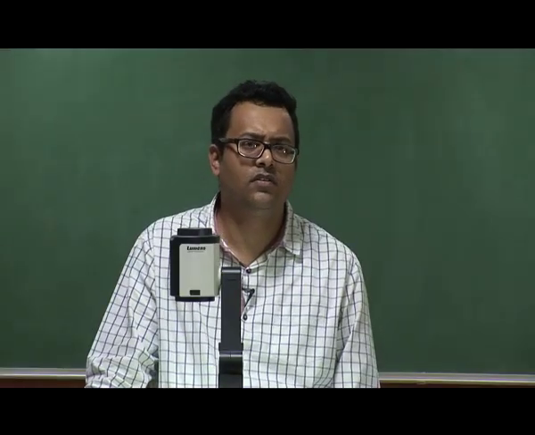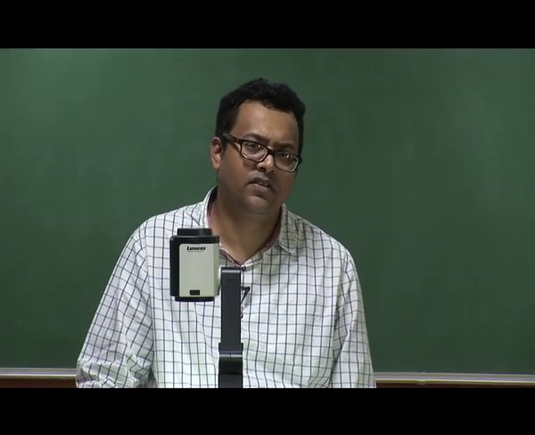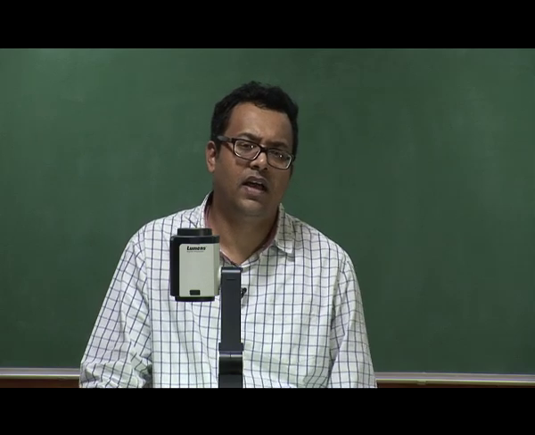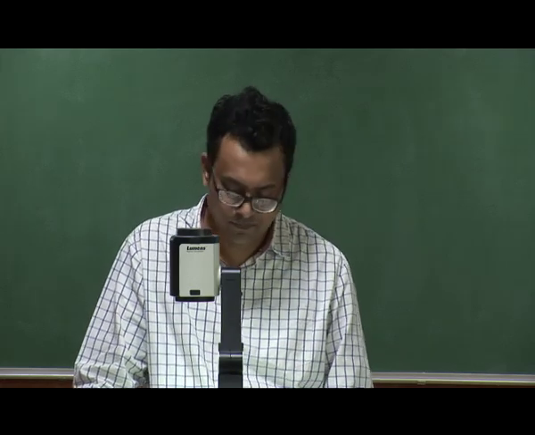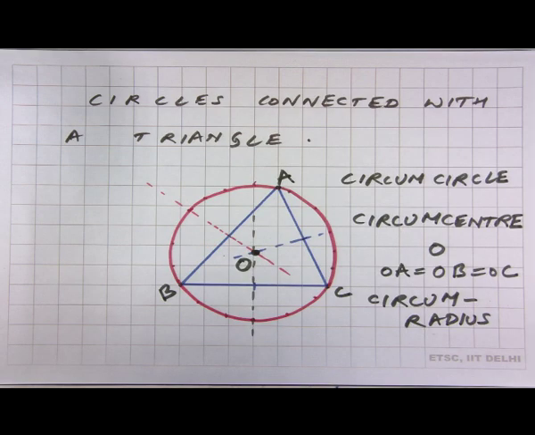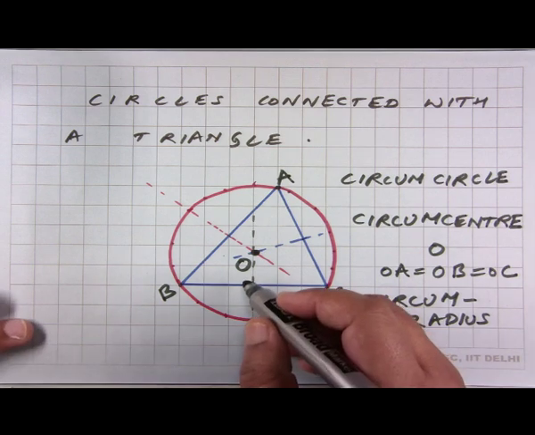The radius of the circumcircle is known as the circumradius. Our first objective now is to find an expression for the value of the circumradius of this circumcircle. For that we make a little construction over here.